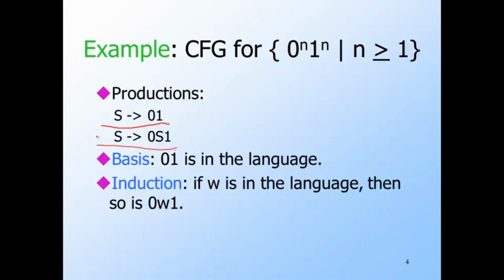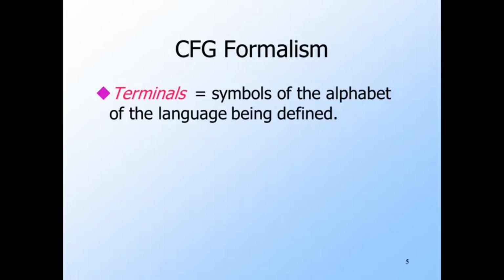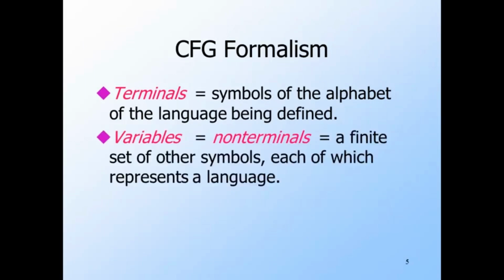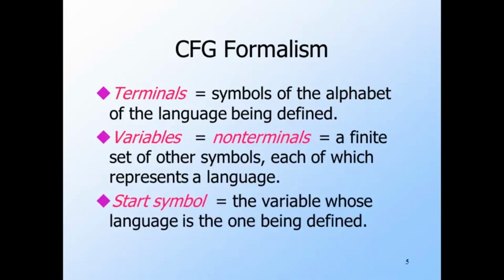Now let's make precise our informal introduction to what context-free grammars look like. The terminals of the grammar are analogous to the input symbols of an automaton. They form the alphabet for the language being defined. The variables, or non-terminals, are something like states of an automaton, but they are more powerful. One variable is called the start symbol. It is the language of this variable that the grammar defines.